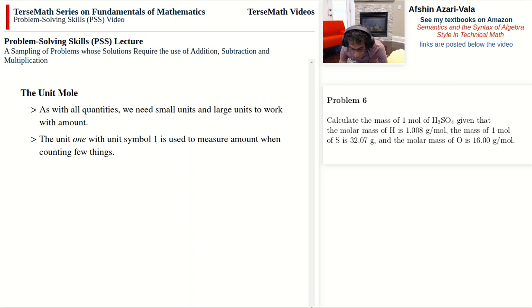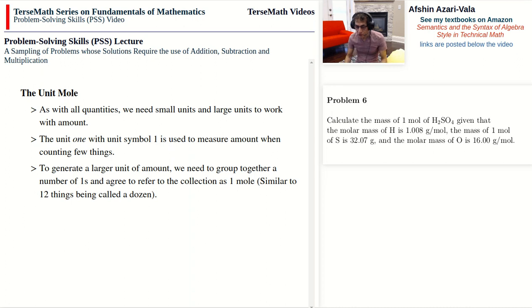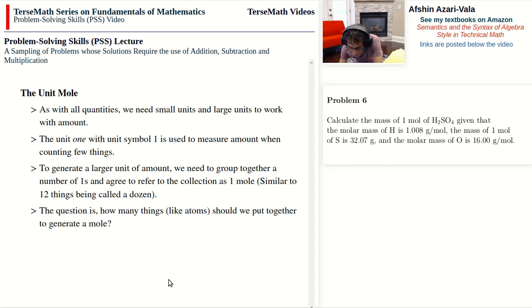But if you want to measure an amount which has a huge number of entities in it, then what we do is we group together a number of ones and refer to the collection as 1 mole. Very similar to putting 12 things together and calling it a dozen. And so the question becomes, well, then how many things should we put together and call 1 mole?